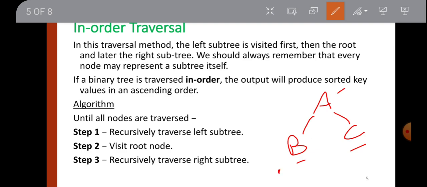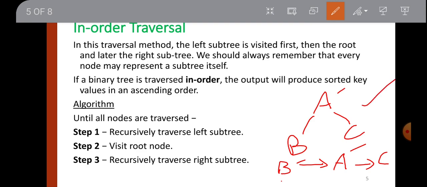So the traversal starts from B, then the root node is reached, so A is reached. After that the right node is traversed at last, so C. So B, A and C is the in-order traversal for the given example.